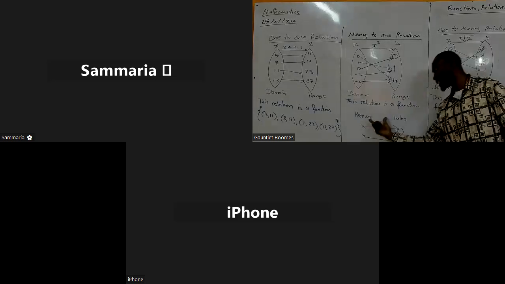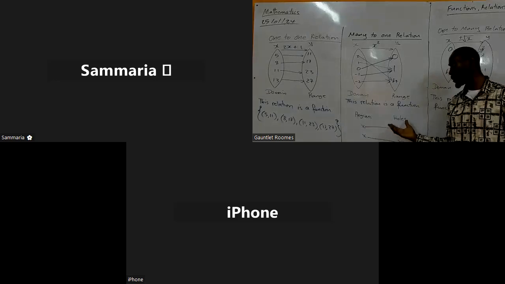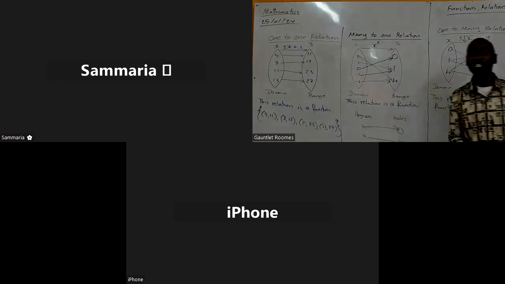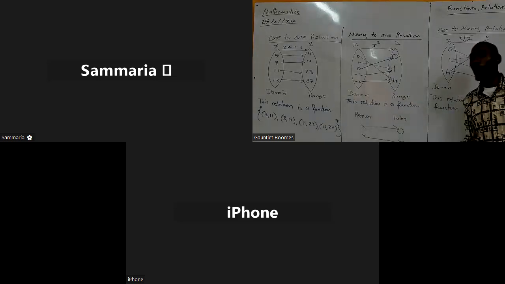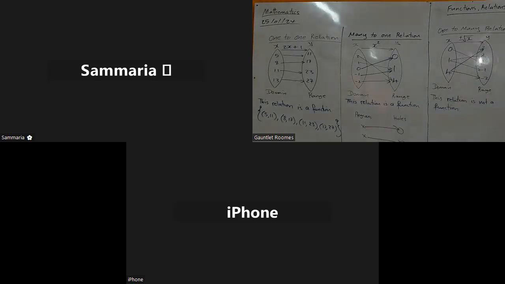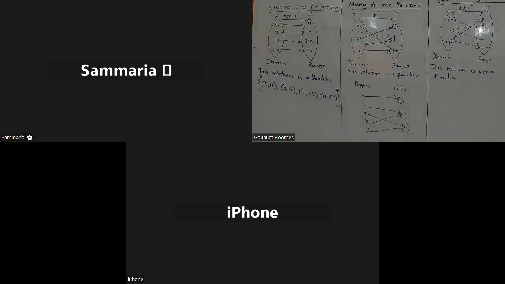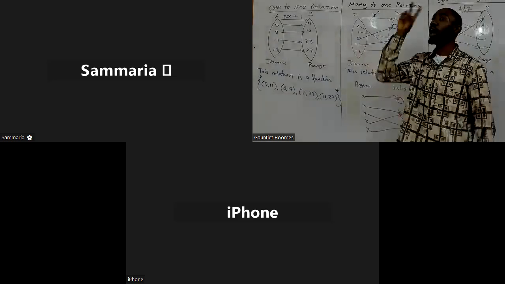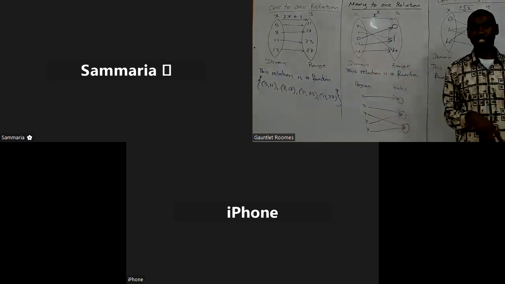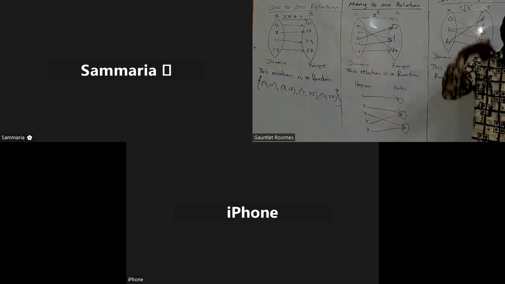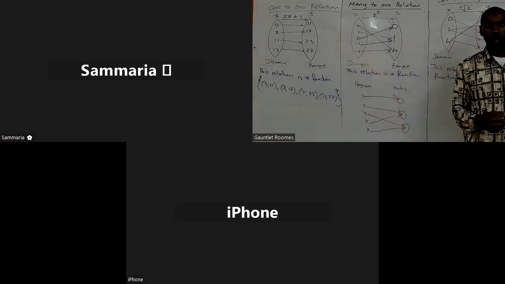We use this principle called the pigeonhole principle, that if you have more pigeons than holes, there exists at least one hole that will have more than one pigeon in it. Because each pigeon flies into a hole.